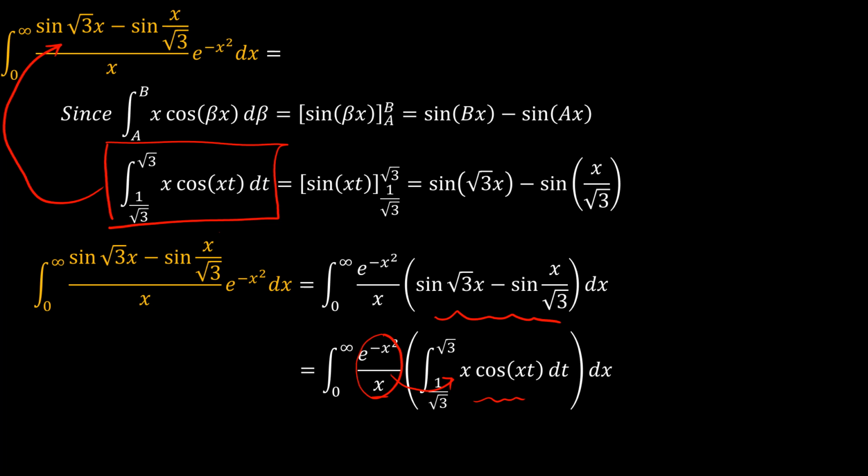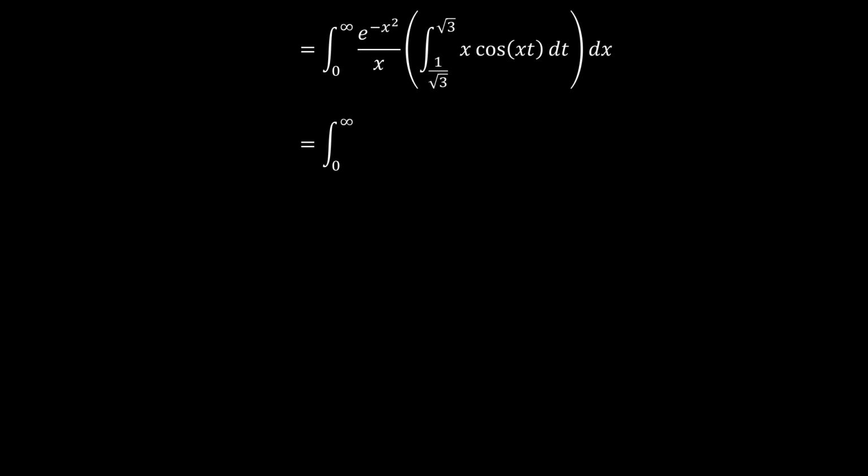What is vital here is that our problem has become a nested integral of e to the power negative x squared over x times x, and this x cancels, times cosine xt. And we're integrating with respect to t before we integrate with respect to x.